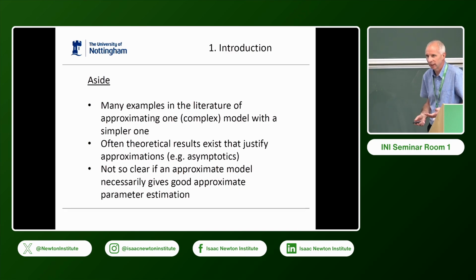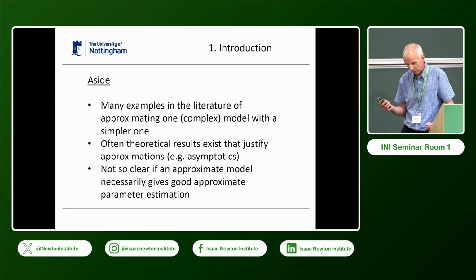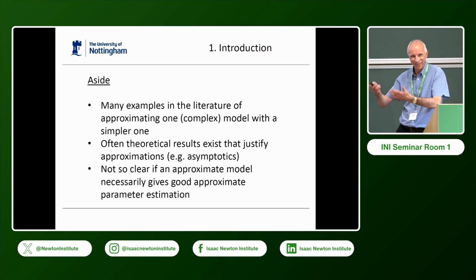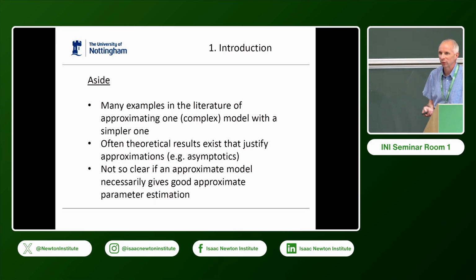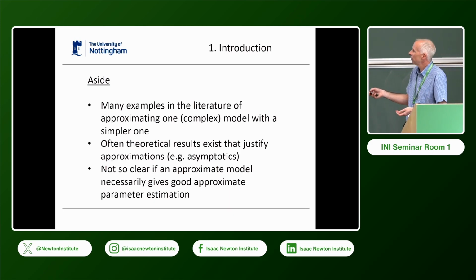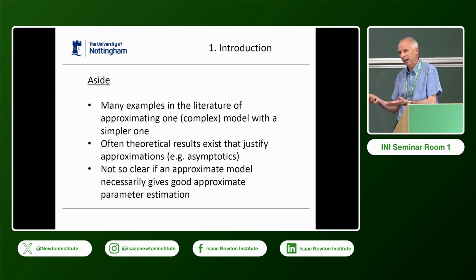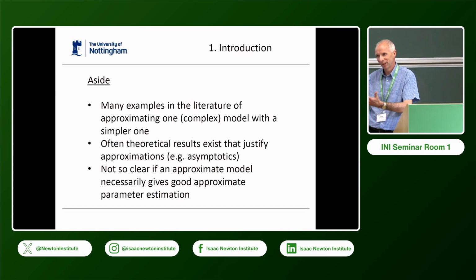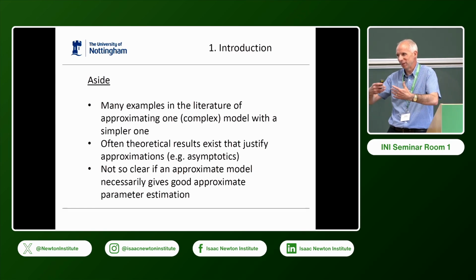Just as an aside, we've already discussed at this meeting on a number of occasions that there are lots of examples in the literature where you have a very complex model and you try to approximate it with a simpler one. There are often theoretical results which justify the fact that the models may converge or you get better agreement.